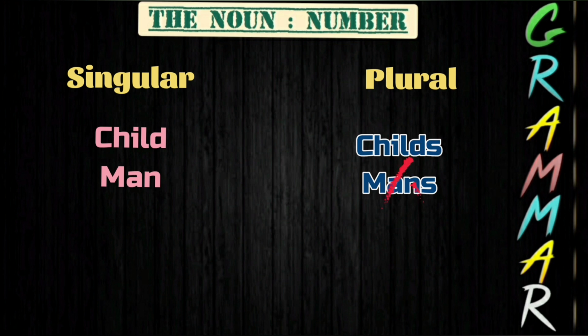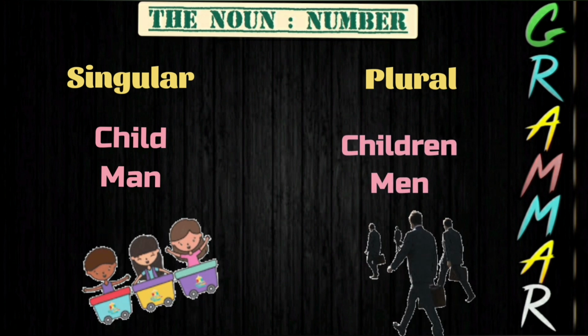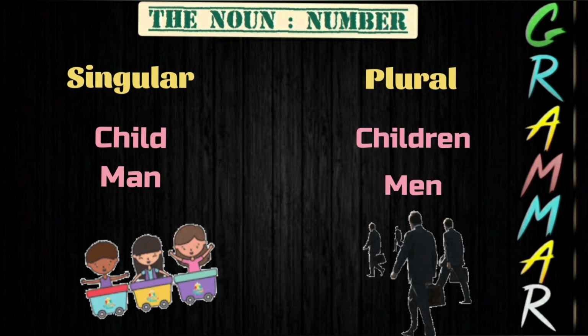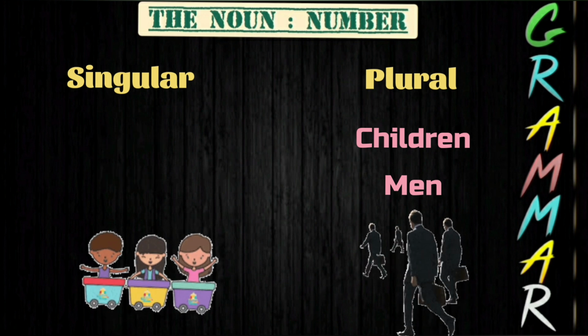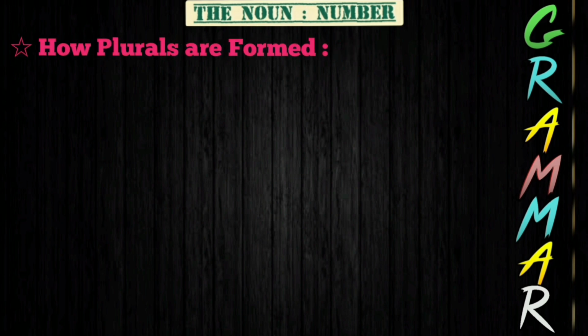No, it is not possible because the plural of child is children, the plural of man is men. So you can clearly see that it is not possible to just add a letter S to make any noun plural. So there are some rules to convert a singular number into a plural number. So let's see how plurals are formed.